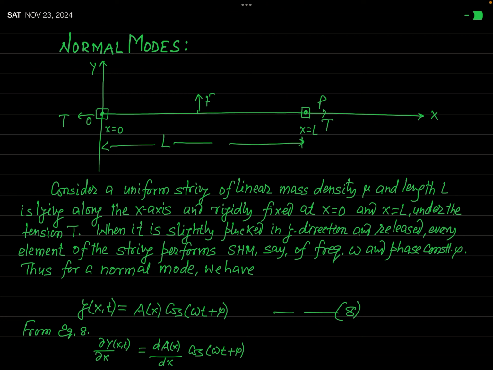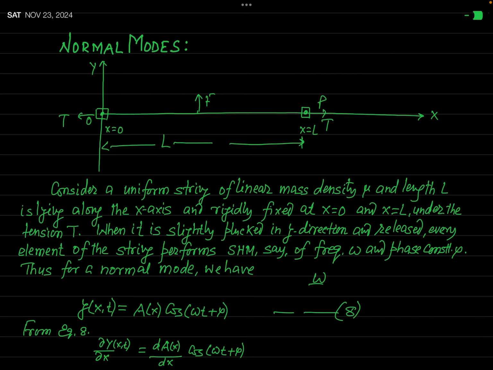When you pluck the string in the transverse direction and release it, the string starts vibrating due to its elastic property. So in order to find the normal modes, we assume the existence of a normal mode of frequency omega and phase constant, let us say phi.